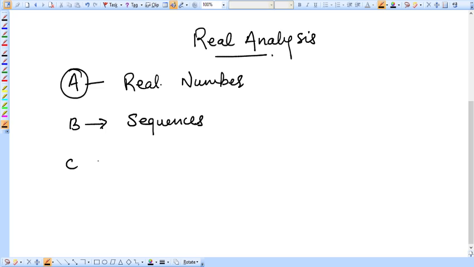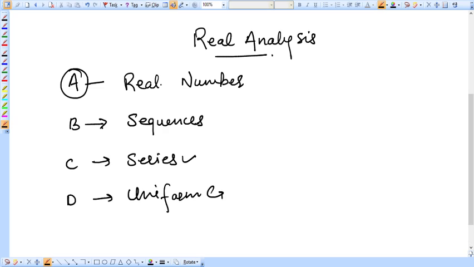In the third section we will see what series are and how to deal with them, how to find the sum, and how to find whether or not a series is convergent. And in the last section, section D, we will be dealing with uniform convergence and power series.